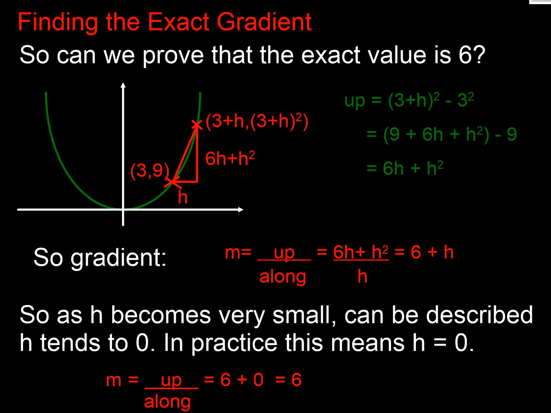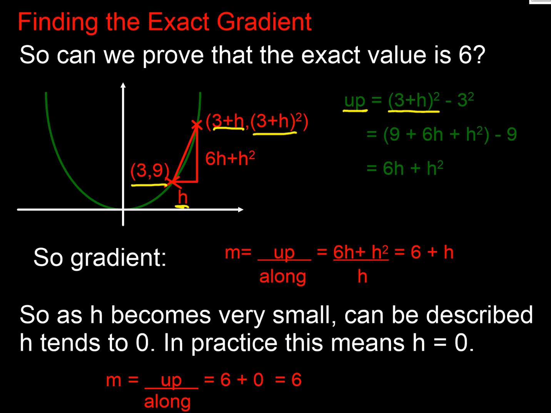Okay, so again, we're starting at our point 3, 9, but I'm going to move us along just a distance h. So for our upper point, the x value is 3 plus a little h. Think of it as a little number h. And therefore our y value at the top point is 3 plus h, all squared. So how far have we gone up? Well, on the right-hand side, it's going to be the difference in the y values.